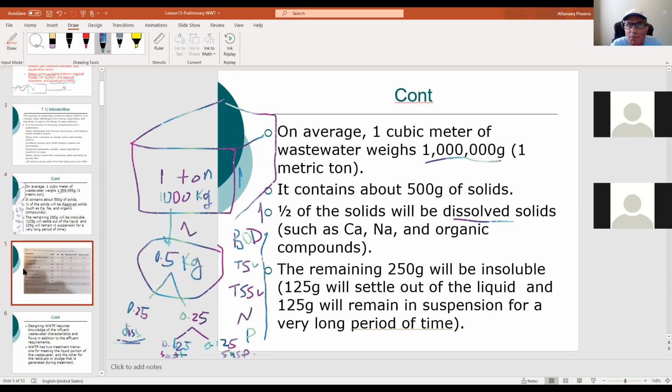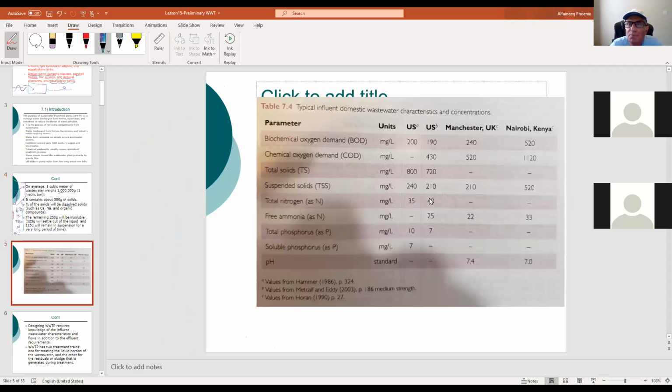Okay, here are some examples of how strong. United States, look at this, for example, here. 200 BOD. This is not treated, it is raw. All right, total suspended solids, this is per liter. Suspended solids, nitrogen, phosphorus, total and soluble.